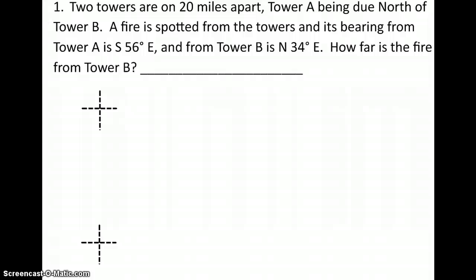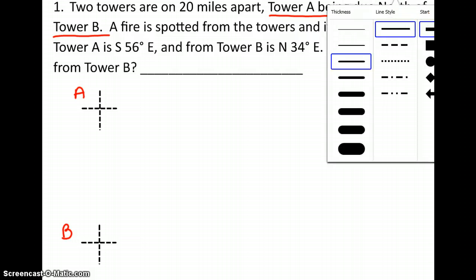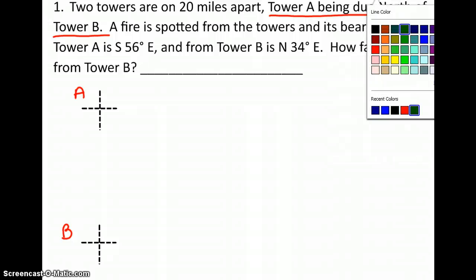So the trick in doing these problems is to draw big, because it'll help you identify everything, and always draw your northeast southwest line to help you. So it says that Tower A is due north of Tower B, so that means this would be Tower A and this would be Tower B. We know that we have 20 miles in between the towers.